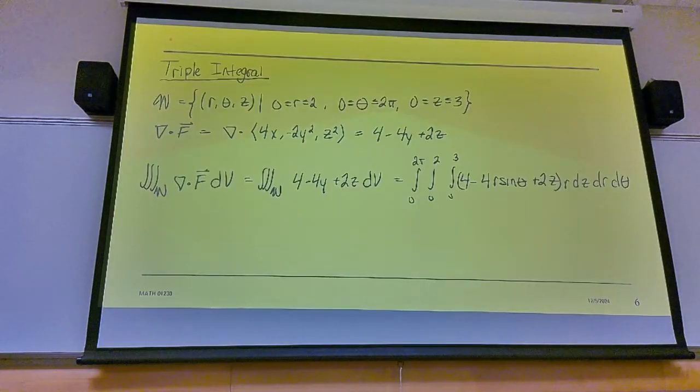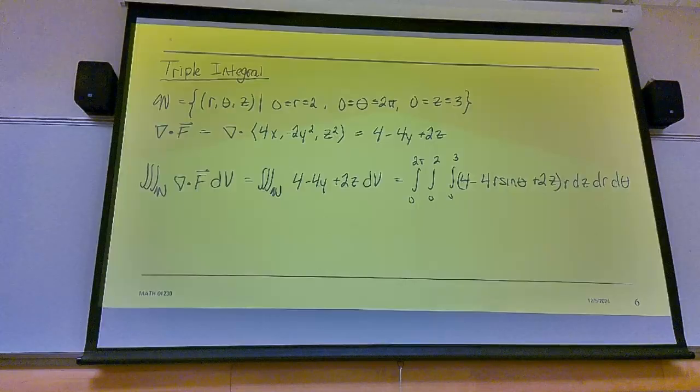Integrate with respect to theta first. What do you get? 4 theta plus 4r cosine theta plus 2. Oh, you're doing way too much work. Yeah, that's right.